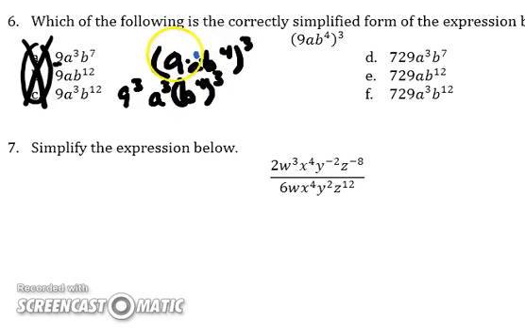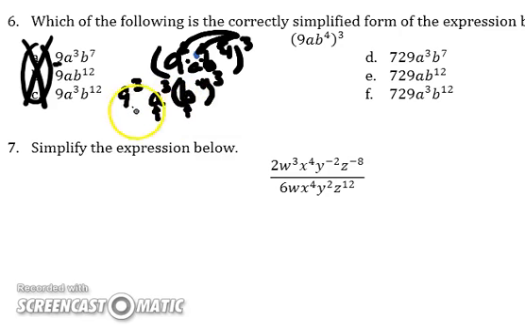So each individual factor is being raised to the third power, including number quantities. A lot of times we forget that 9 and a and b are all numbers. They're just numbers. This a just stands for an unknown quantity. Same thing with this b. These are different, possibly different, unknown quantities.